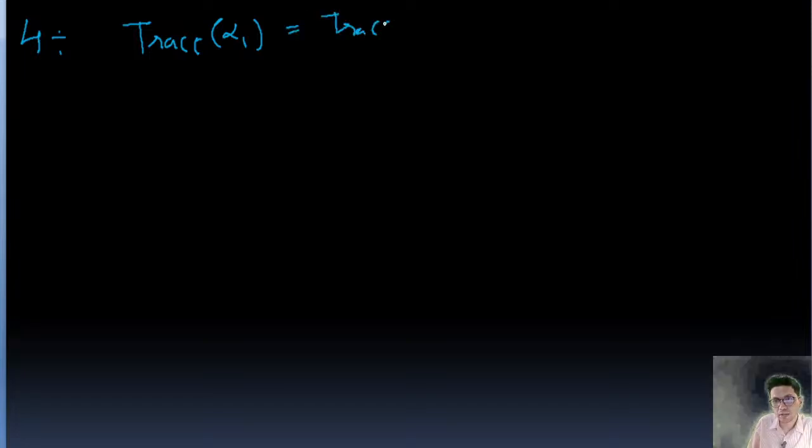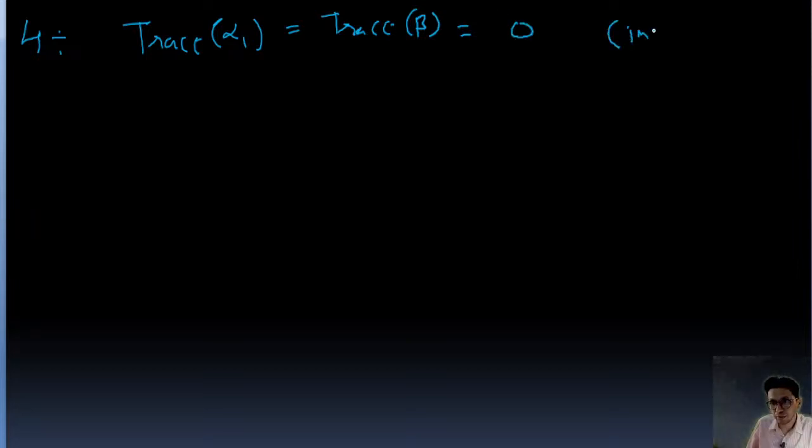Next is the fourth property. Property 4 is trace of alpha_i equal to trace of beta, we can say alpha or beta, equal to 0.